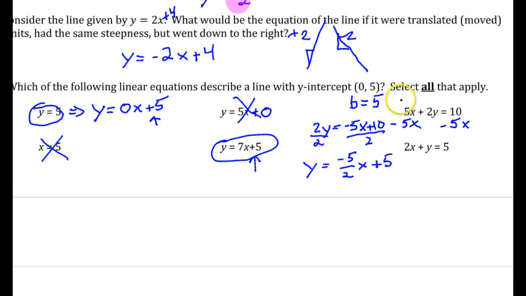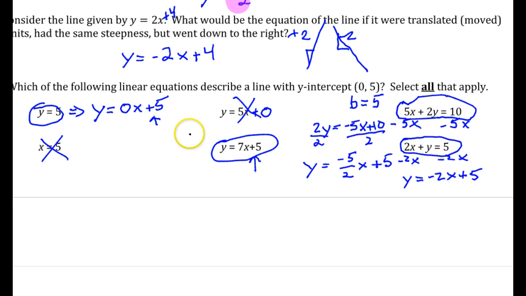Yeah, that has a y-intercept of 5. And lastly, subtract 2x here to get slope-intercept form. Y equals -2x plus 5. Yeah, y-intercept of 5. You realize here, if you don't read the directions, even though they're bolded and underlined, and you only circle one, you're missing out on a lot of things.